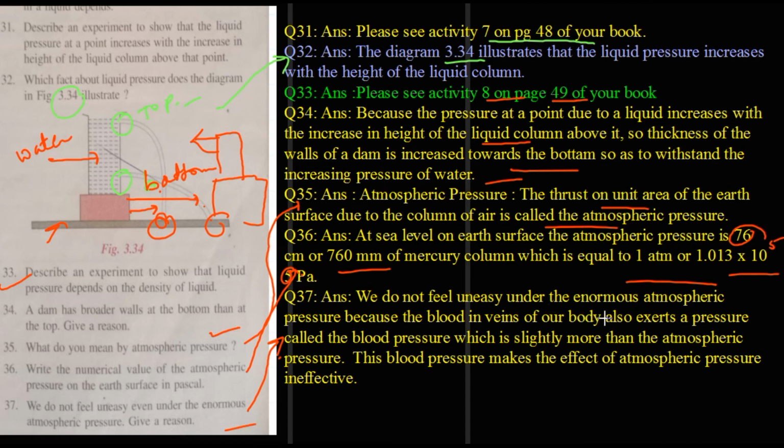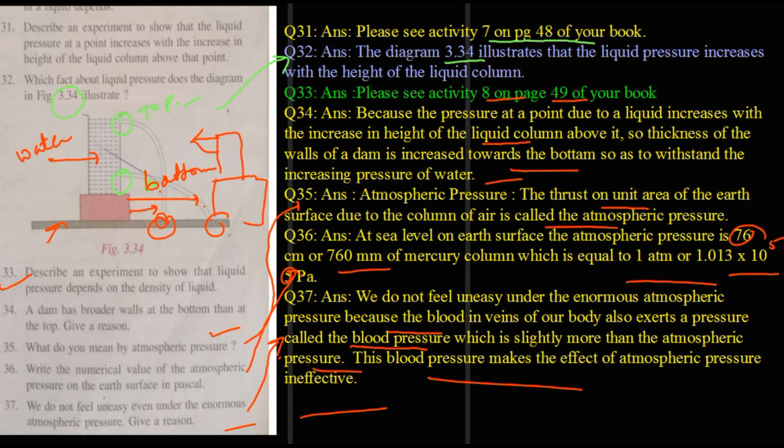We don't feel uneasy because the blood in the veins of our body also exerts a pressure, called blood pressure, which is slightly higher than the atmospheric pressure. So this blood pressure makes the effect of atmospheric pressure null. So our body doesn't get ruptured due to this enormous atmospheric pressure, right?